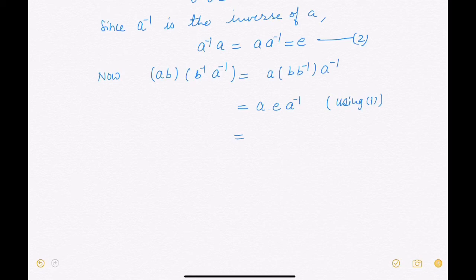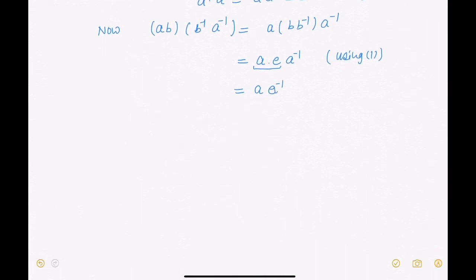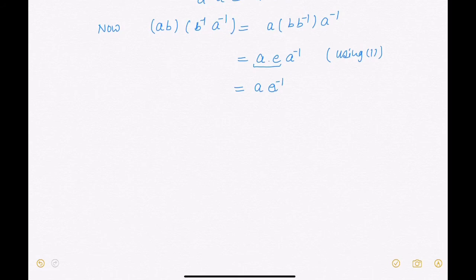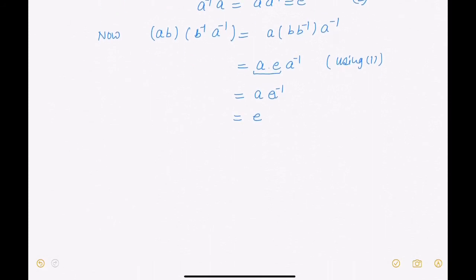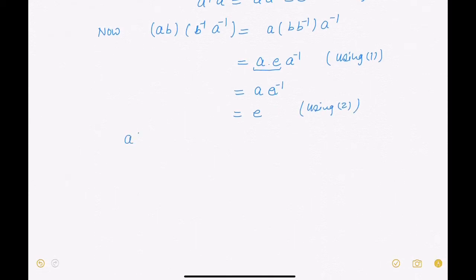Again we apply the associative law: A operated with A inverse, and as you know A inverse is E using 2, so we obtain AB operated on B inverse A inverse gives us the identity element. This is 3.